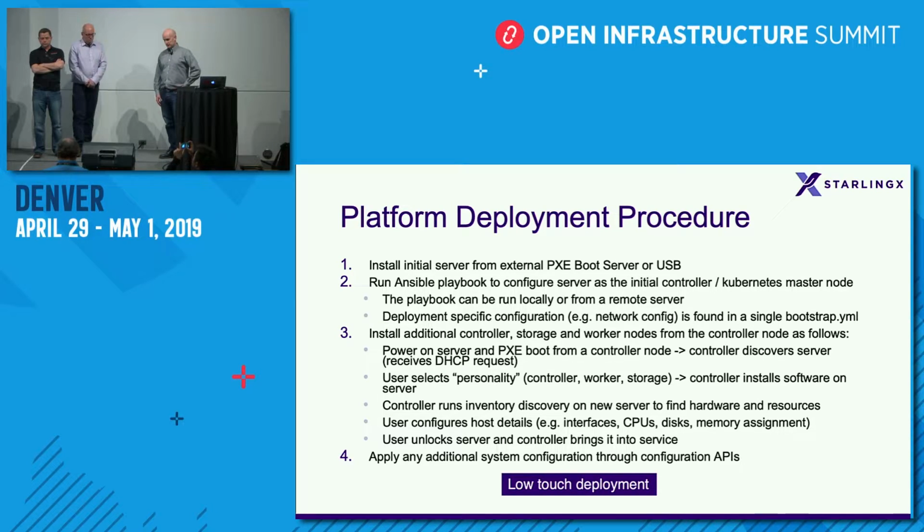Once the initial server is up and running, if you're going to have a multiple server configuration, you'd then install the remaining servers. This is all done in the same way. First, you'd power on your server and Pixie boot it from a controller node, and the controller then discovers it, and the user can then select the personality. So you choose whether you want it to be a controller, a worker node, or a storage node, and then the controller will install the software on that server.